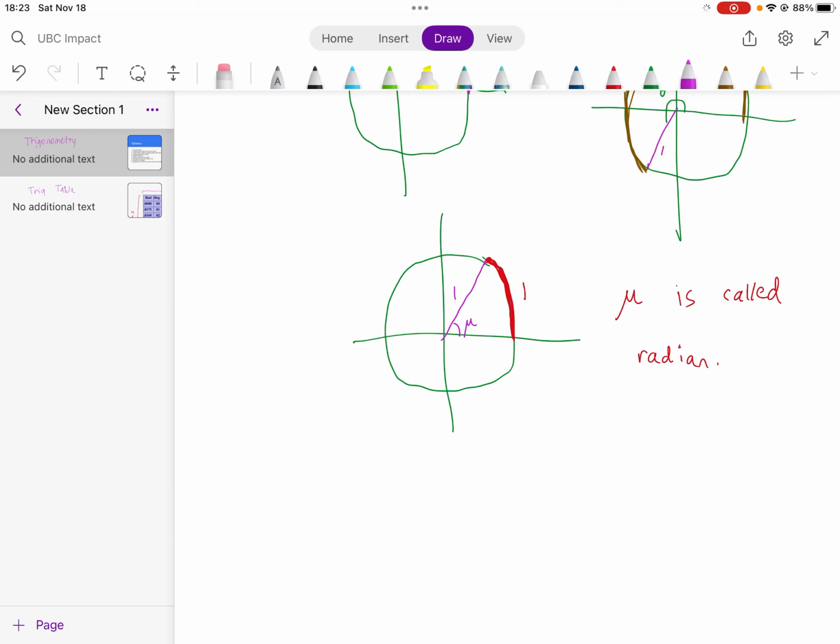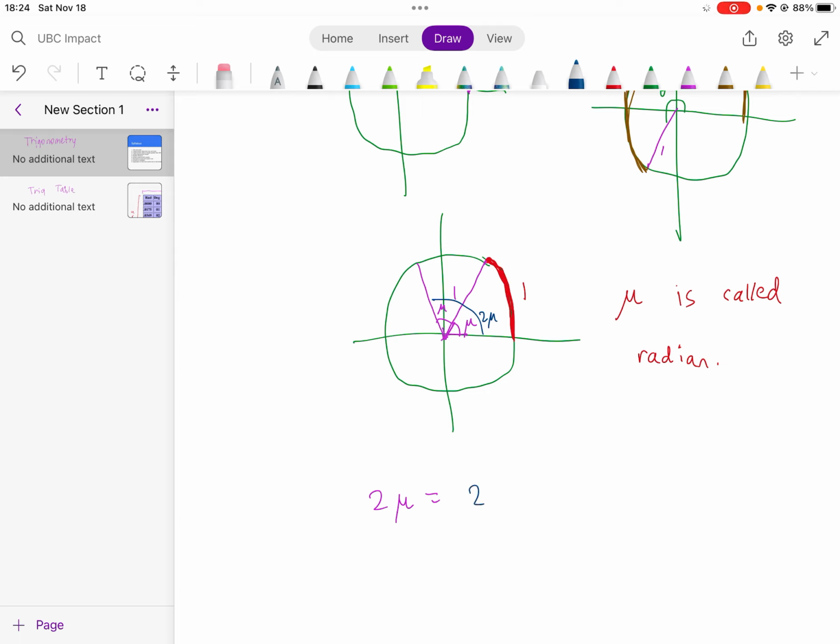So everything can be expressed in terms of this mu. So let's say, what is 2 mu? Well, this is 1 mu from here to here. So if we make another one from here to here, here's another mu. So all of this together is 2 mu.